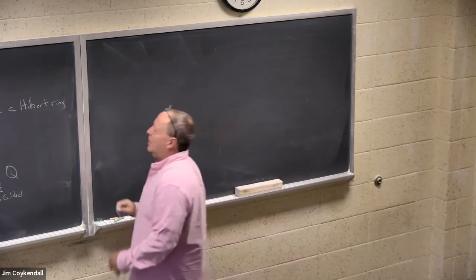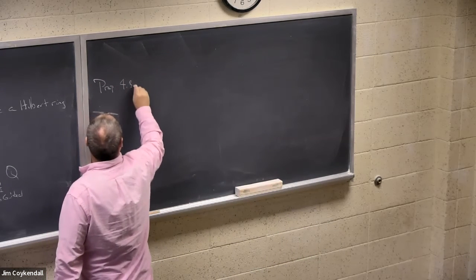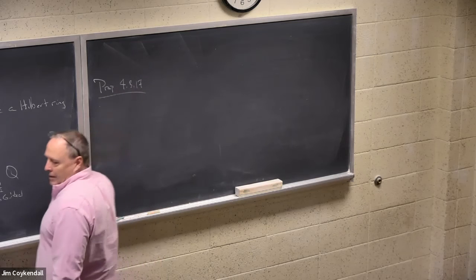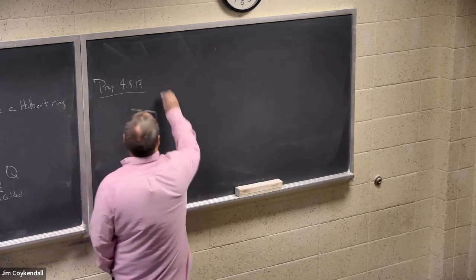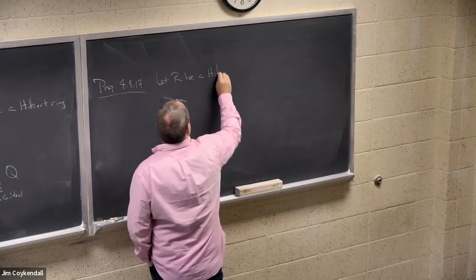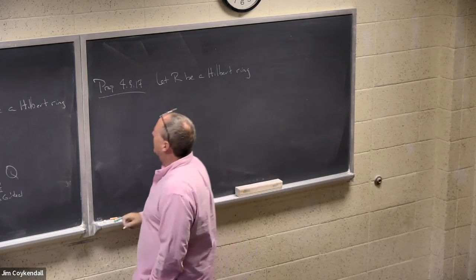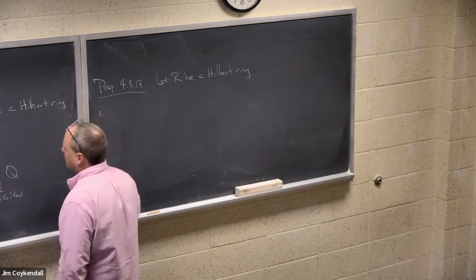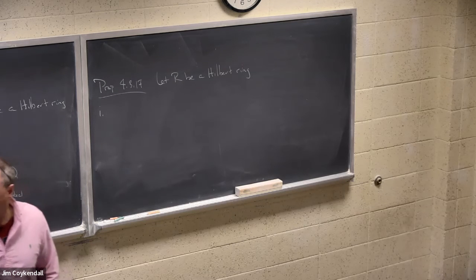Okay, proposition 4.3.17. Let R be a Hilbert ring. Here's a couple of pretty properties, showing some niceness of Hilbert rings. Number one, every homomorphic image of a Hilbert ring is still a Hilbert ring.